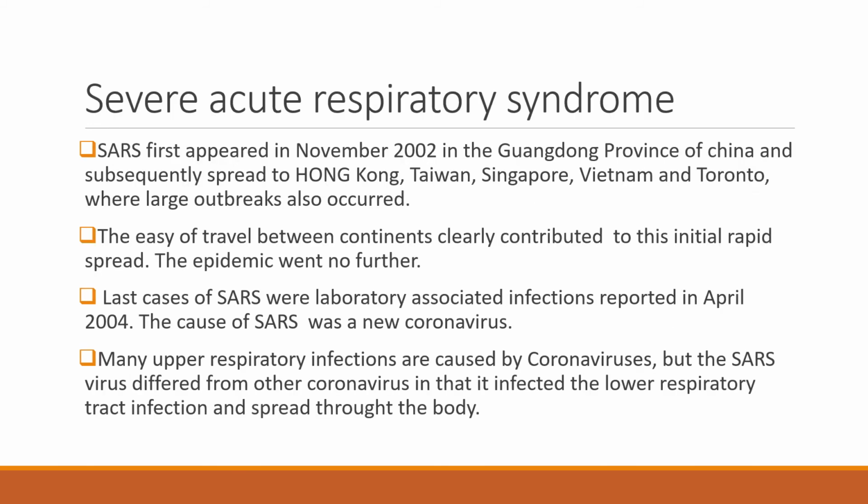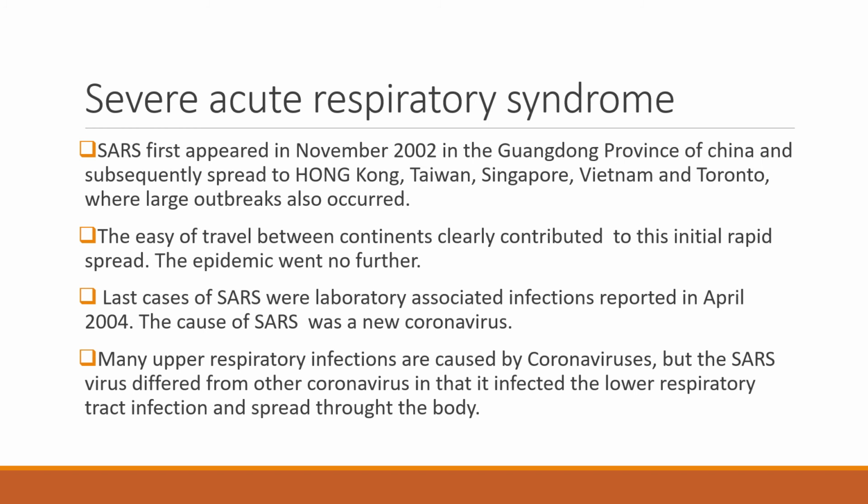Then third is SARS, that is severe acute respiratory syndrome. This SARS first appeared in November 2002 in the Guangdong province of China, and subsequently spread to Hong Kong, Taiwan, Singapore, Vietnam and Toronto, where large outbreaks also occurred.